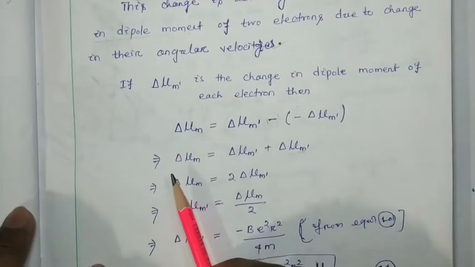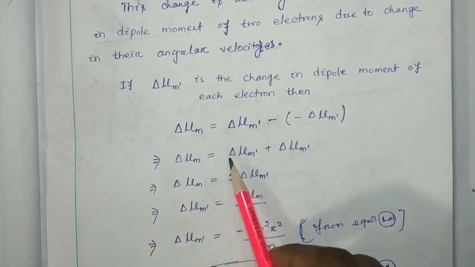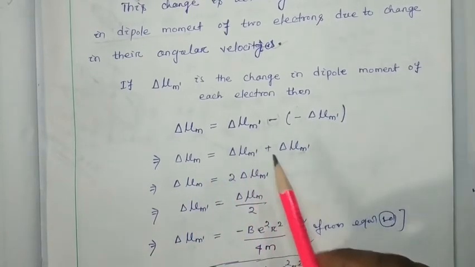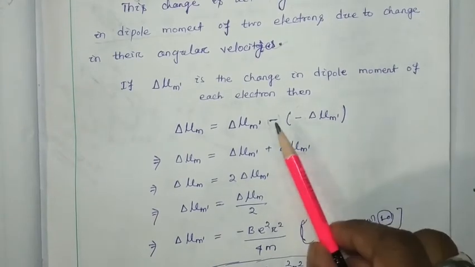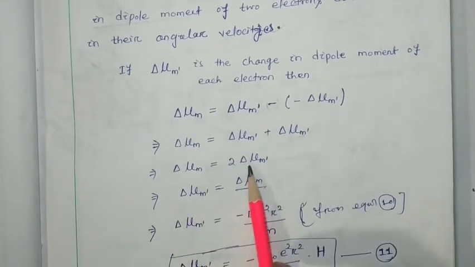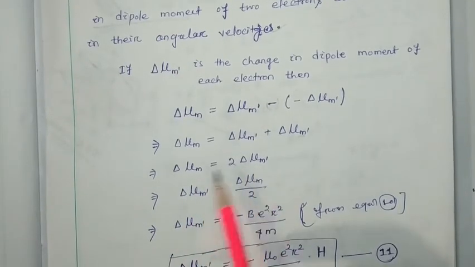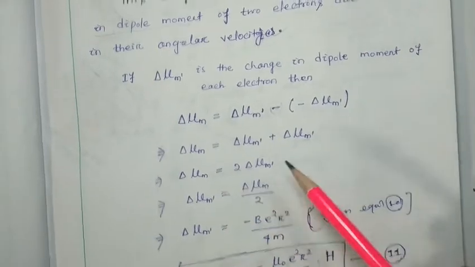So del mu m, the small change of mu m, will be equal to del mu m dash plus del mu m dash. Here del mu m dash will be del mu by 2, and we already got del mu m.